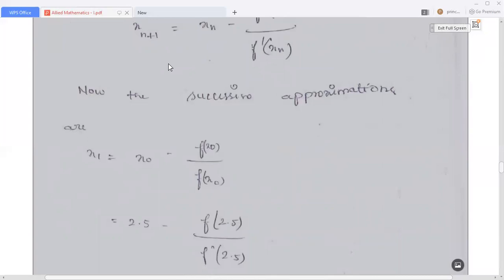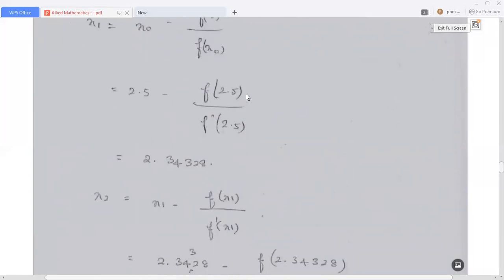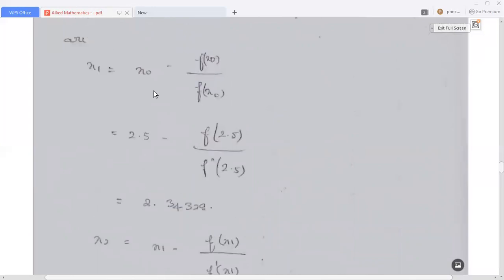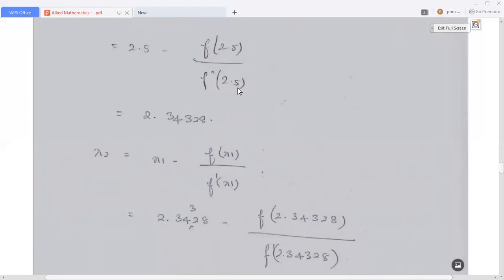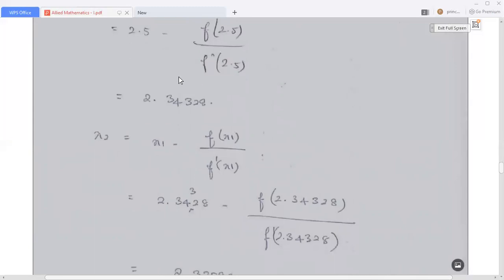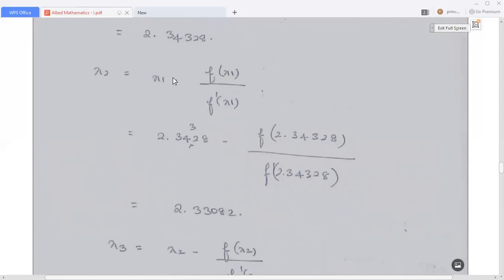Now the successive approximations: x1 is equal to x0 minus f of x0 by f dash of x0. When you substitute the value x0 equal to 2.5, we get x1. Here x1 equal to 2.5 minus f of 2.5 by f dash of 2.5. When you calculate these values, we get x1 equal to 2.34328. This is the first approximation.